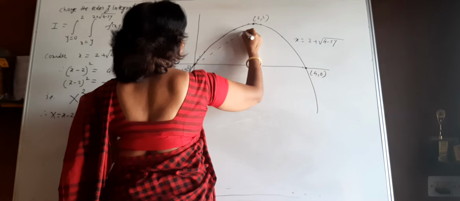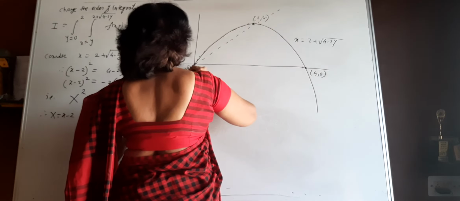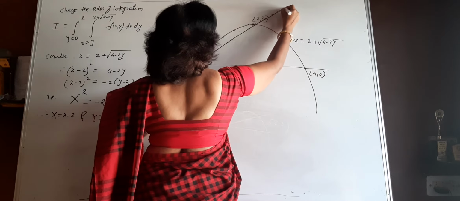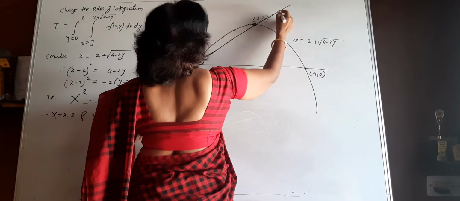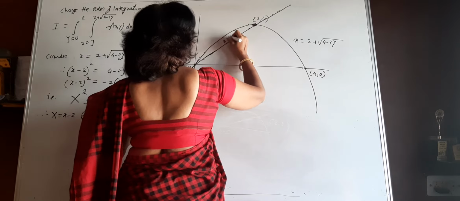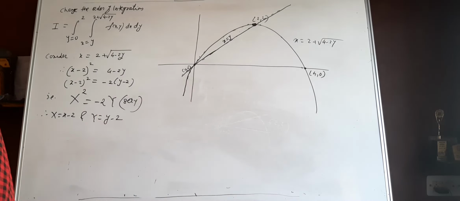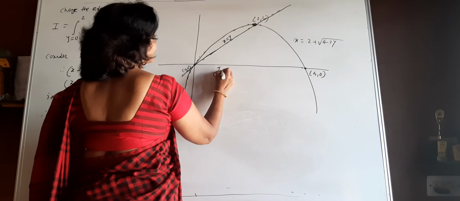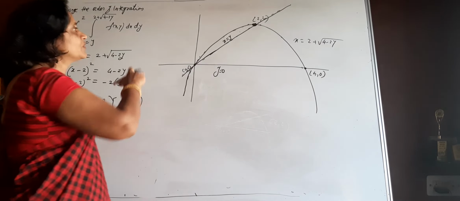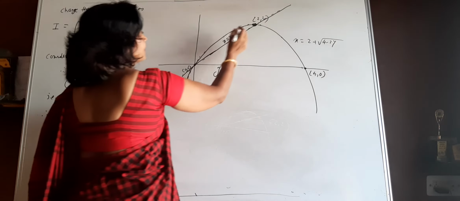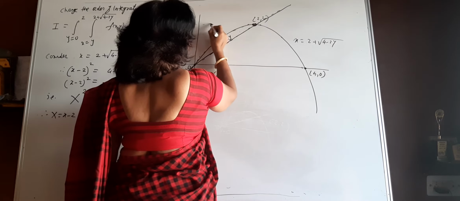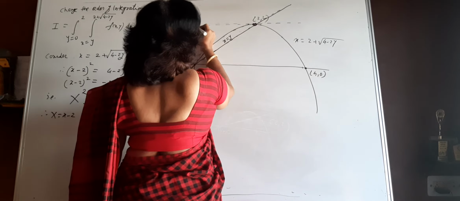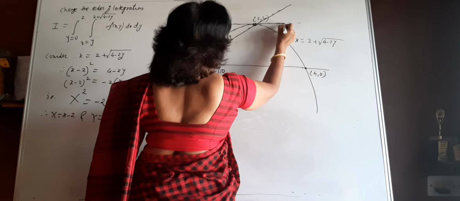And this is our second curve, which I have sketched here. And immediately we need to write the equation x equal to y. Then we have y equal to 0, that is our x-axis. y equal to 2 is a line passing through 2. It is parallel to the x-axis, and this is our line y equal to 2.